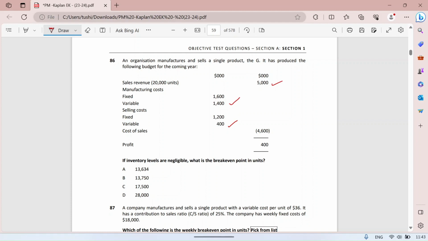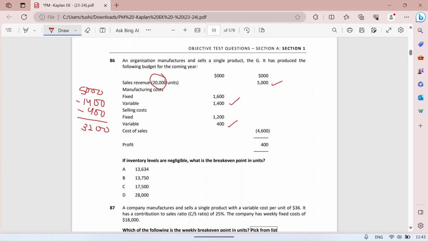This will give you $3,200,000 as your contribution. Now, this is again for a total of 20,000 units. So, to find out per unit, I can just divide 3,200,000 by 20,000, and that will give me my per unit contribution as $160.